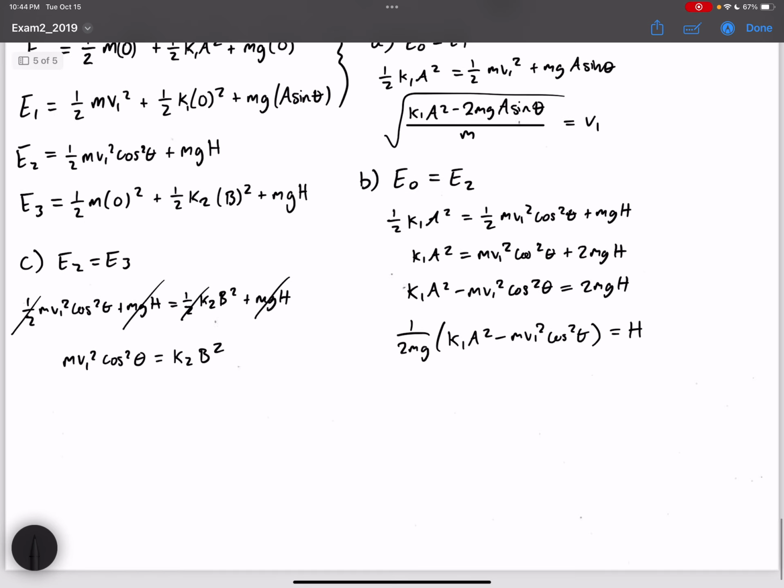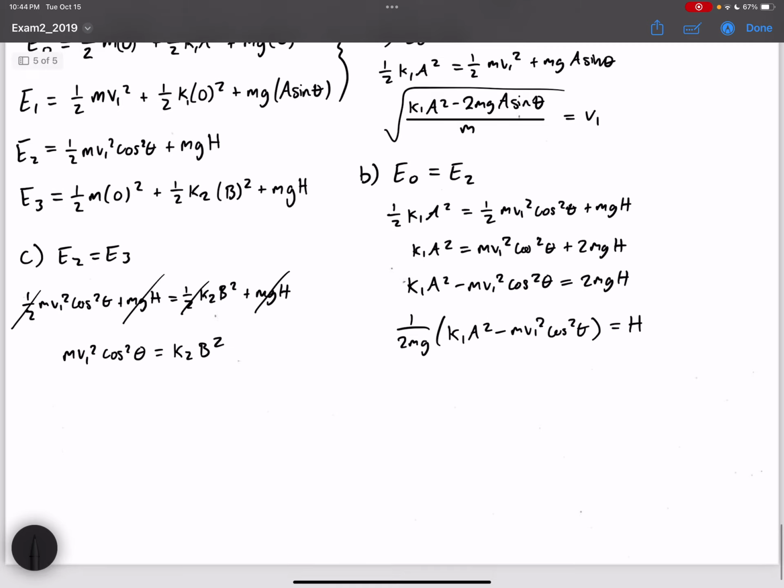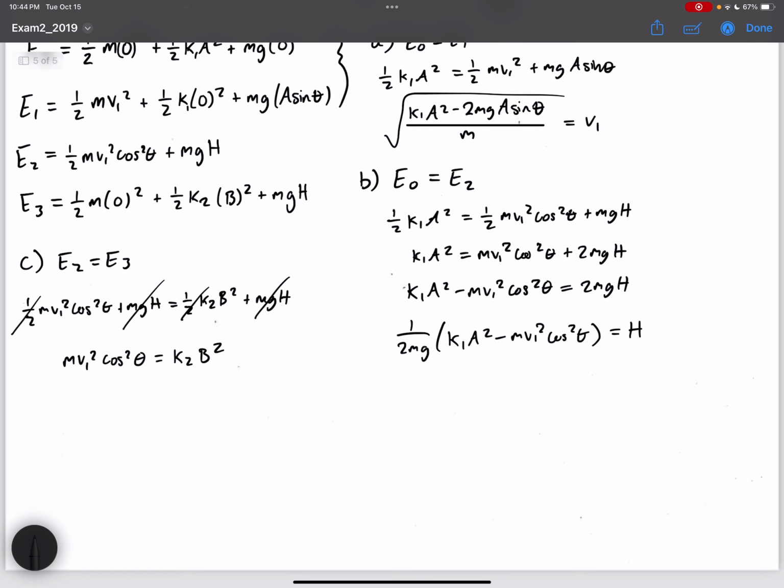So you get m v1 squared cosine squared theta divided by k2, and then take the square root of that, and you get b.